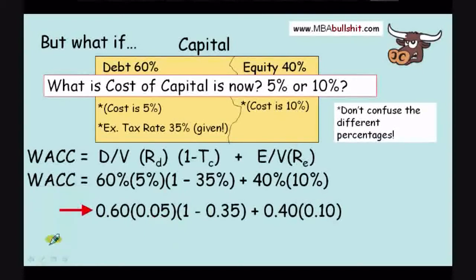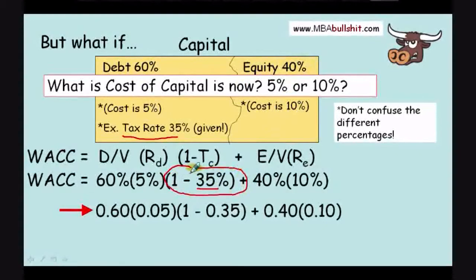Simple as that. Okay? Now, you might be wondering, why is there a minus 35%? Why do we have to think about the tax rate? Why don't we just use the debt and the interest rate, and then use the equity or the owner's investment and the cost of ownership?